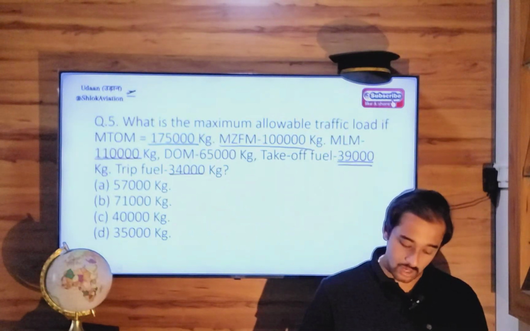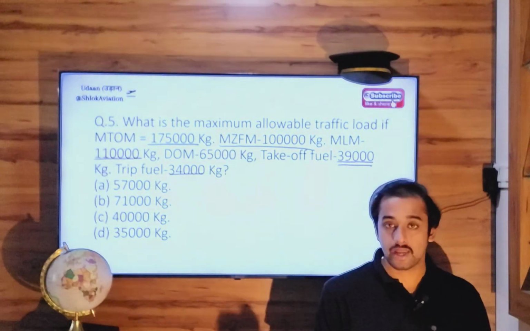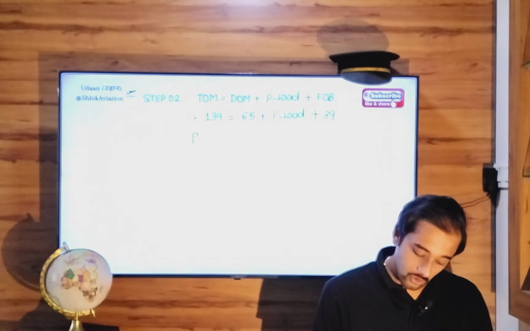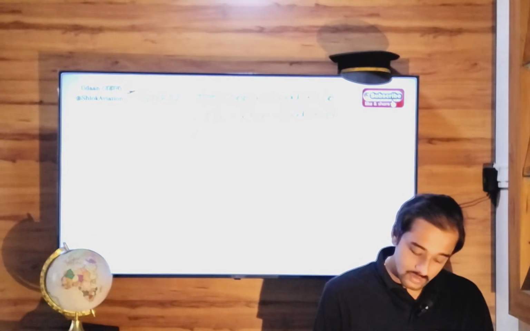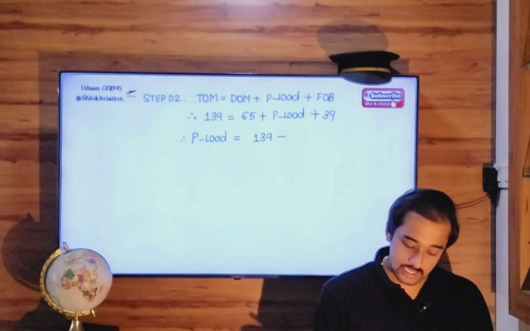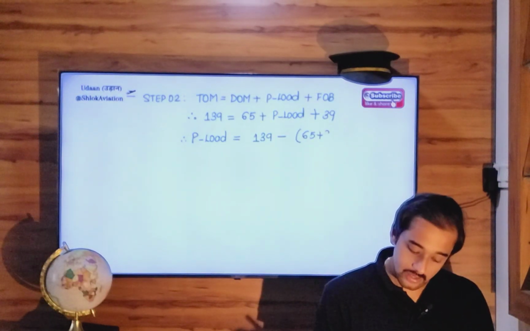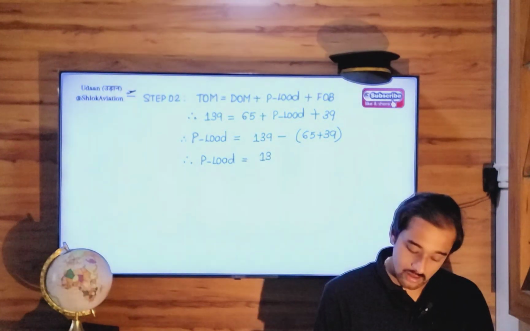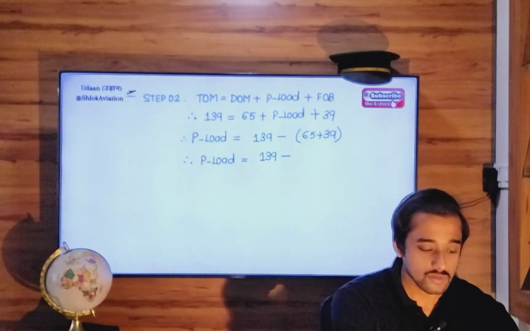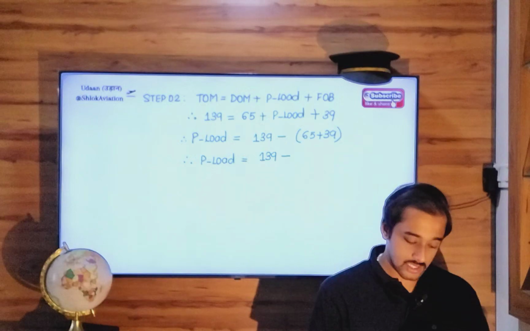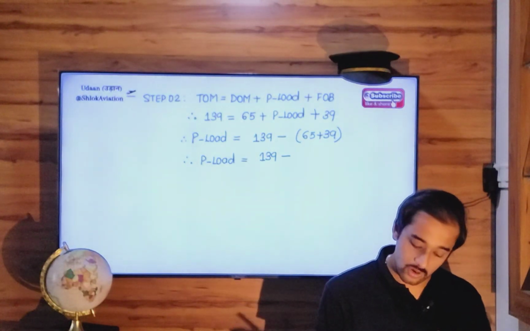Fuel on board is how much? 39,000 takeoff fuel. So plus 39. Therefore, payload equals 139 minus 65 plus 39. So 65 plus 39 is 104.